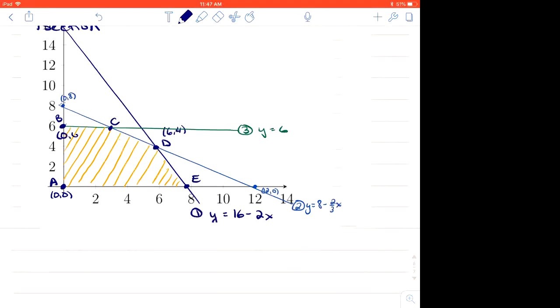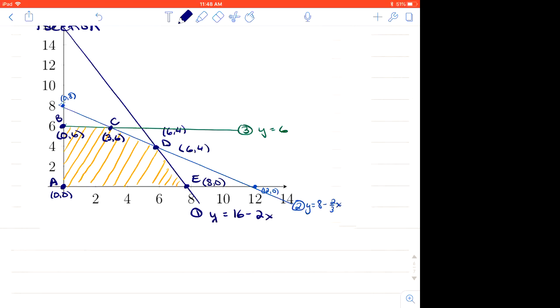B is 0, 6. C we decided was 3, 6. D we just found was 6, 4. And E we just found was 8, 0. All right, so you would put all your points of intersection on there.